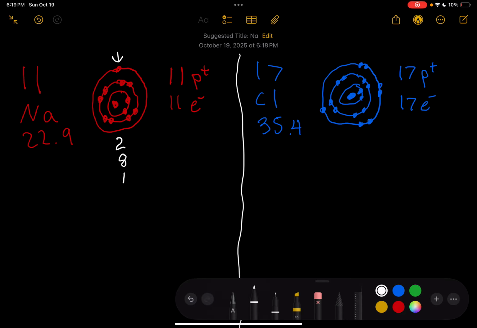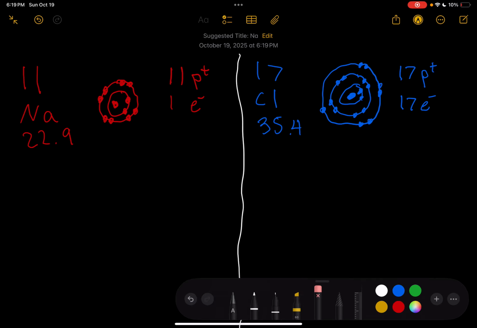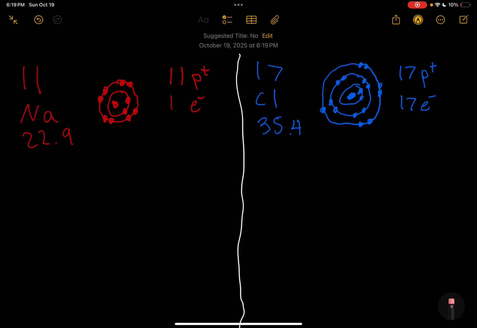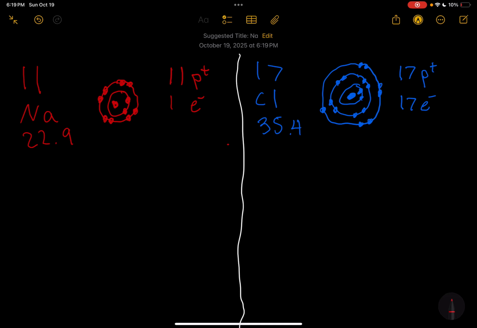Once it donates that, we'll erase this here, and it turns into a different configuration. So now instead of having 11 electrons, it has 10 electrons, and it goes from being in its atomic form to being in its ion form. Now we see that it has 1 more proton than electron, so it has a positive charge.